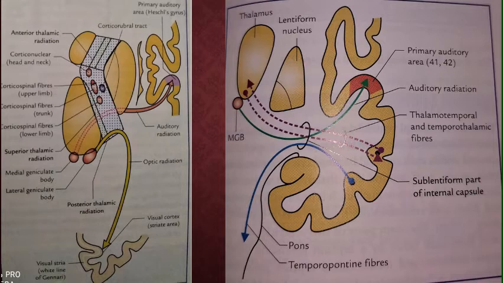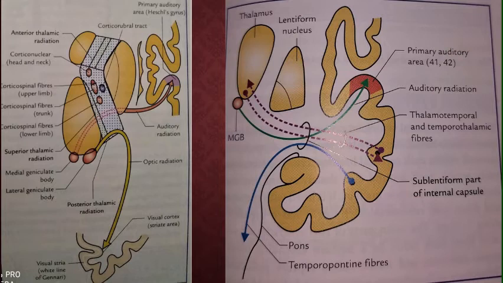So, what do we mean by thalamic radiation? From the thalamus, these fibers take the impulses to the cerebral cortex through the internal capsule. The other fibers contributing to the formation of thalamic radiation are corticothalamic fibers.